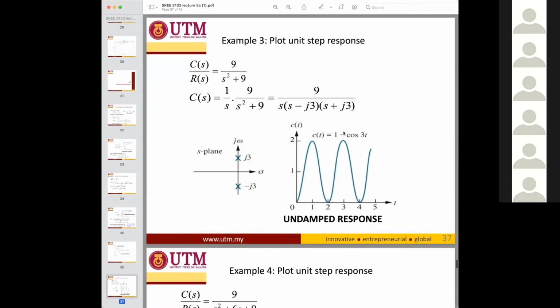Example 3, 9 over s squared plus 9. Okay, so R is 1 volt, Laplace 1 over s. So multiply, and then we can find the roots. What is the root value for s squared plus 9?